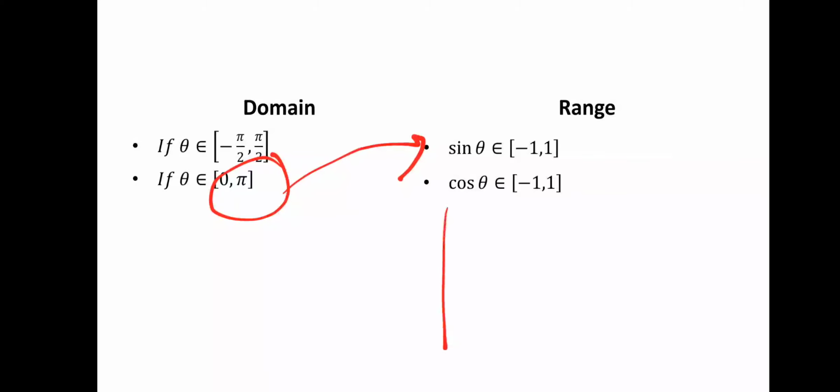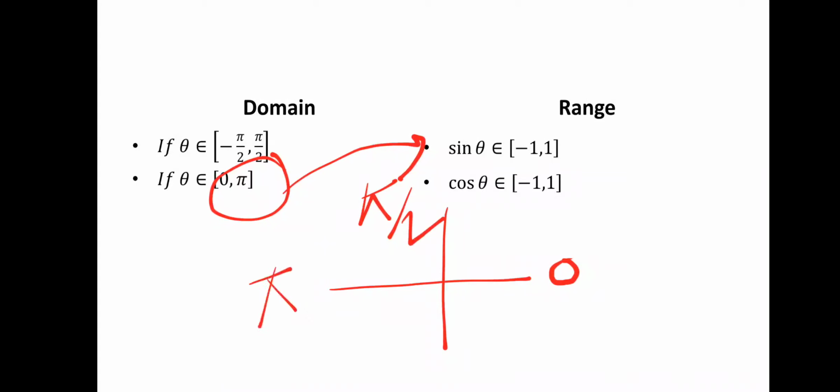Just for your understanding, this is my 0, this is pi by 2, this is my pi, and if I go the other way, this is minus pi by 2.